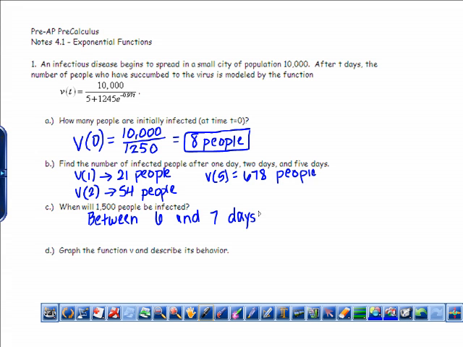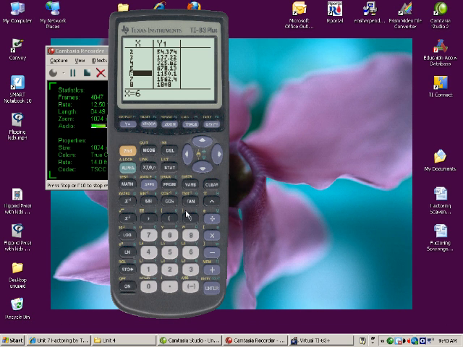Now, if you want to get more specific, especially if this wasn't talking about days but about years, you would want to be more specific. Even with days, you might want to be more specific. This is when we're going to go into the graph. You can see here that the domain of our problem would be however many days it takes for the whole population to become infected.